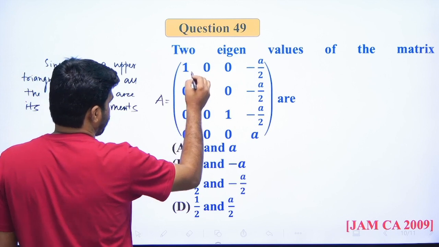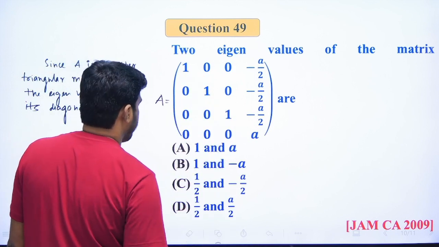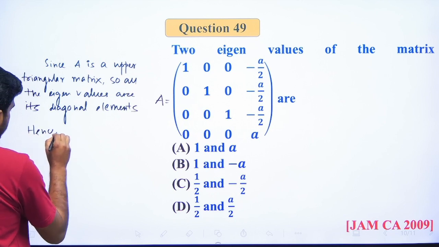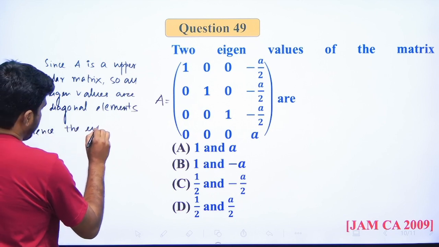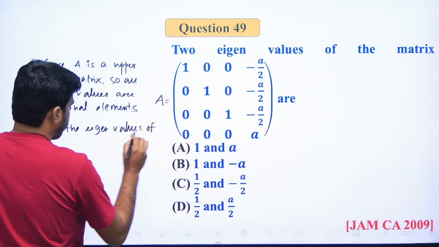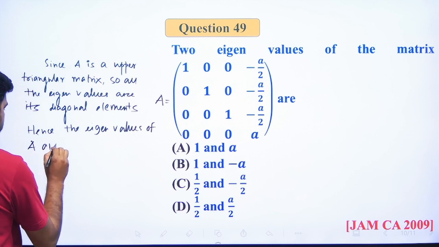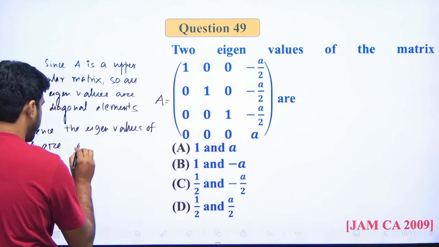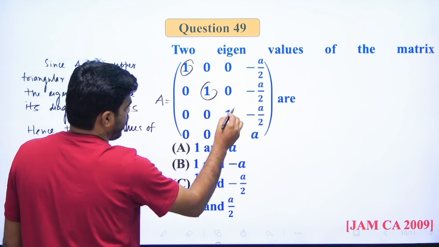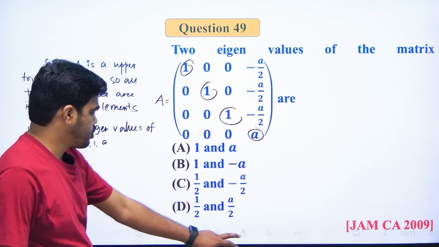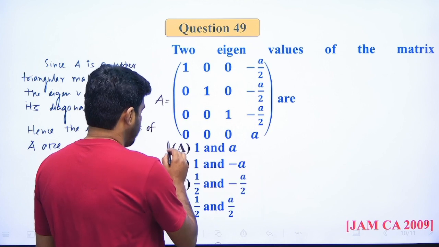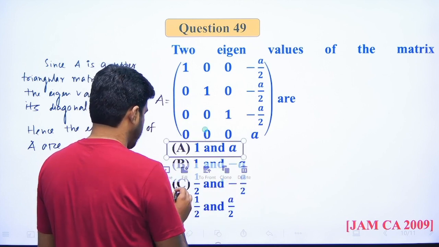That means 1, 1, 1, a, these are the eigenvalues, right? Hence the eigenvalues of A are 1, 1, 1, a. So which option is correct? Option A is the correct answer.